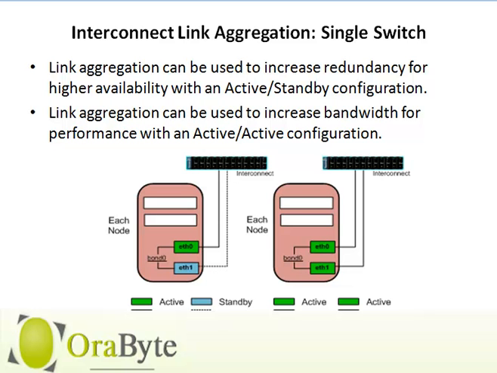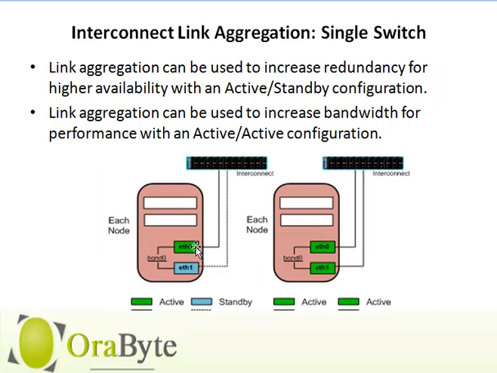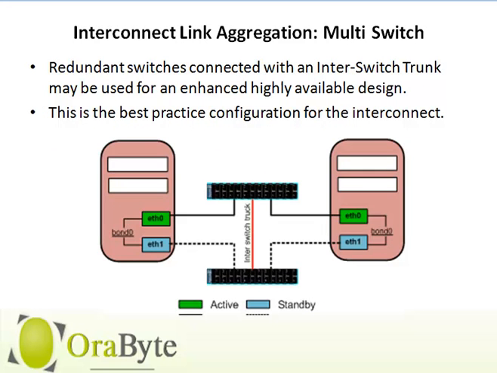So if your data which is being transferred between the nodes is pretty high, you may want to do an active configuration of the Ethernet cards. So you can do active or active passive. This is a single switch. This next diagram is typically what is configured and what is recommended.